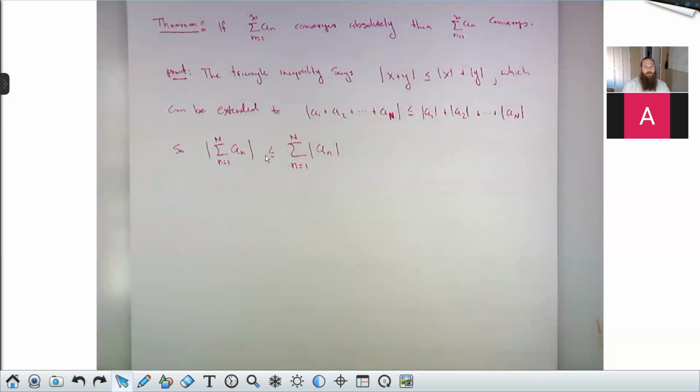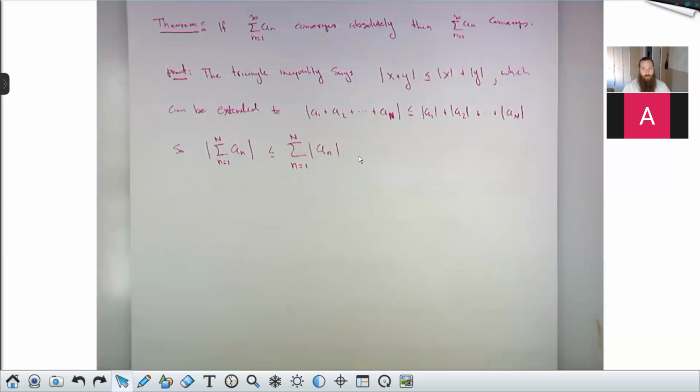So I want to be clear, taking absolute values outside is not the same as taking absolute values inside. When we talk about absolute convergence, we're talking about taking absolute values on the inside. So don't tell me that these things are equal. You want to be very careful in your writing to make sure you don't conflate these.